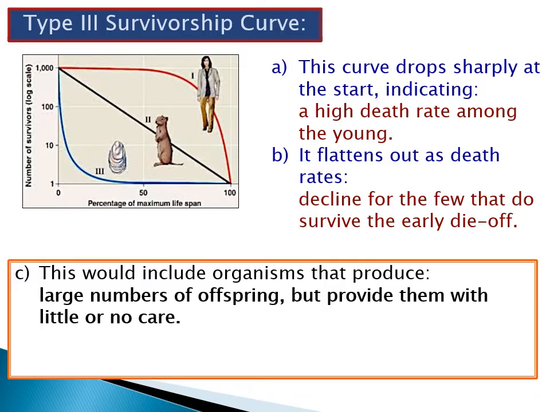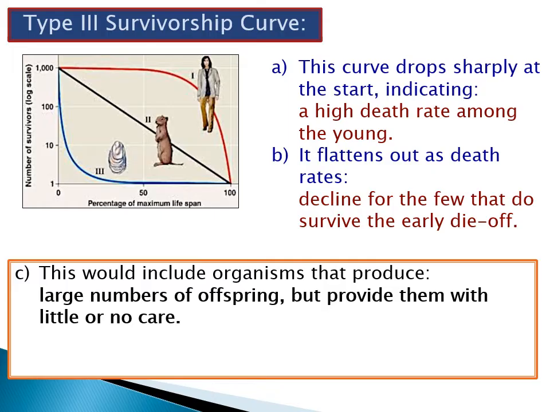So this would include organisms that produce really large numbers of offspring, but provide them with little or no care. So you can think of frogs, for example. Frogs can lay, depending on the species, thousands of eggs. They lay those eggs, and some of them stick around for a while, and some of them don't. The eggs hatch out into tadpoles. There's very little parental care, if any, and lots of the tadpoles die off early before they even make it to adult frogs.